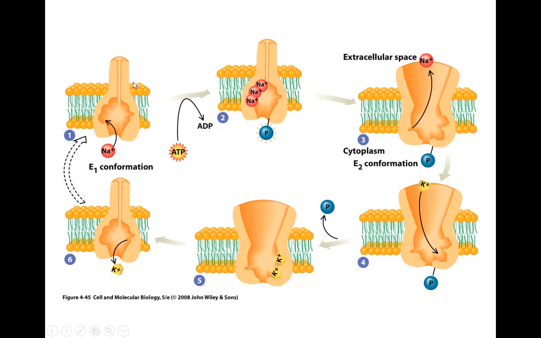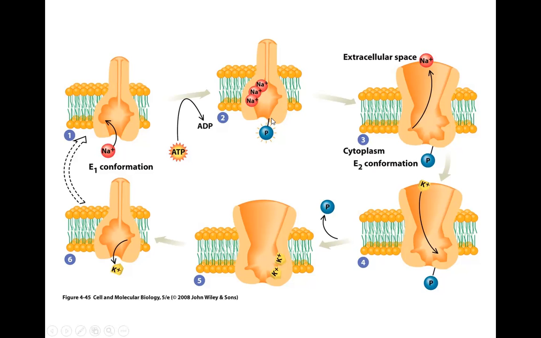The structure of this channel is such that it can allow at any time 3 sodium ions to bind. As soon as the 3 sodium ions are binding, this is a kinase, the ATP sodium potassium ATPase, will cleave the ATP and a residue gets phosphorylated.